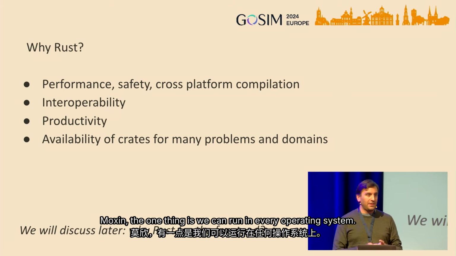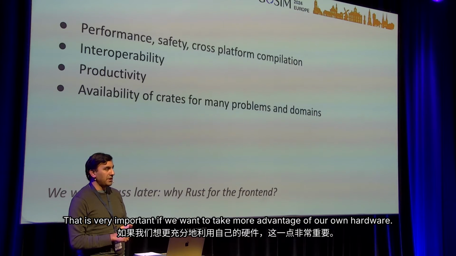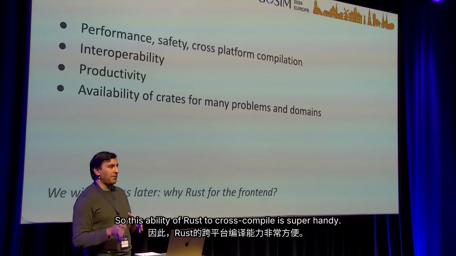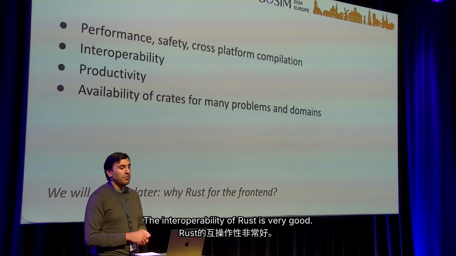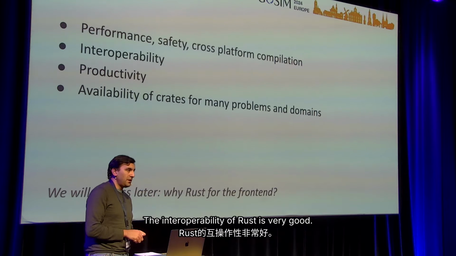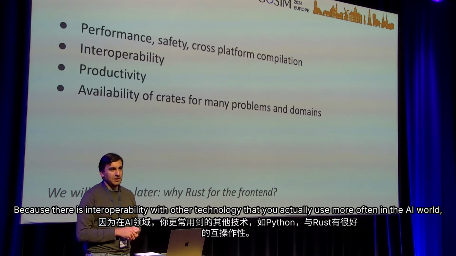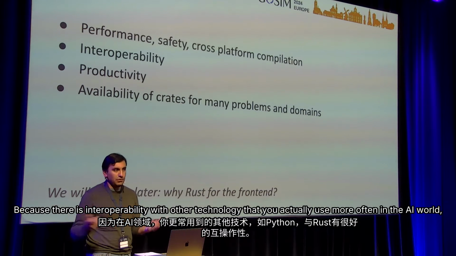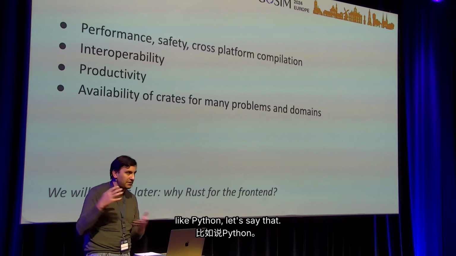With Moxin, one thing is that we can run on every operating system. That is very important if we want to take more advantage of our own hardware, so this ability of Rust to cross-compile is super handy. The interoperability of Rust is very good, and we will have a good example of that with LlamaEdge. There is interoperability with other technology that you use more often in the AI world, like Python, let's say that.